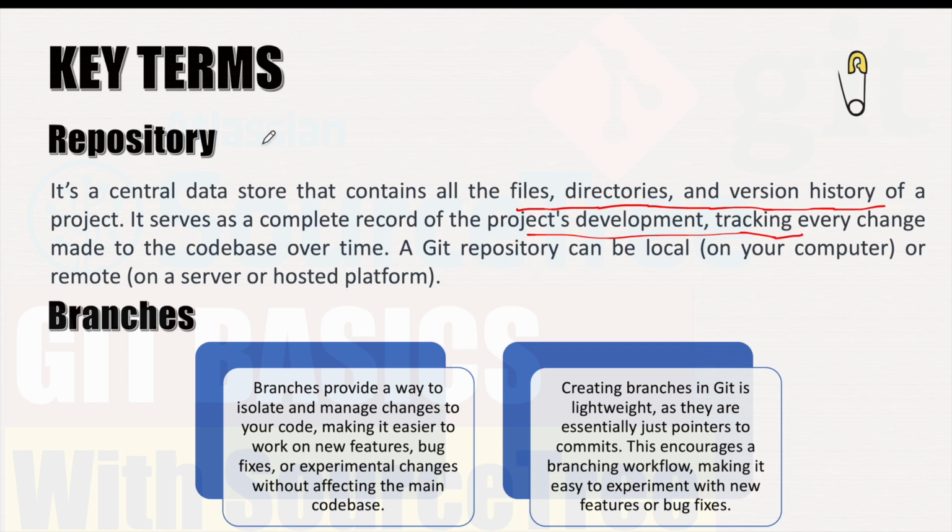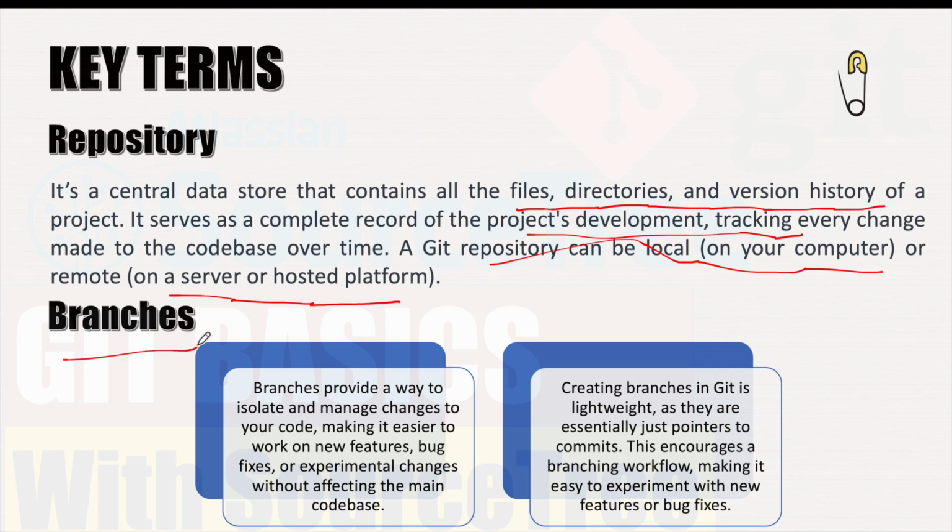So this is the comprehensive thing which helps the version control system do its job. This repository can be local, meaning on your computer, or it can be remote, on a server or a hosted platform. What is a hosted platform? It is like Bitbucket or GitHub, where the server is managed by a cloud hosted platform.